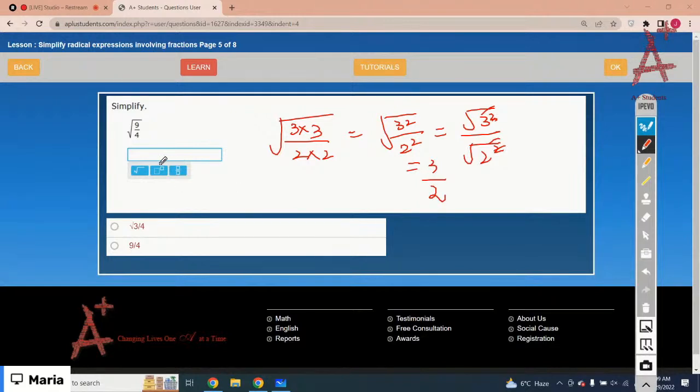Got it? But you are not given the correct option. 3 times 3 is 9, and 2 we don't have. You are not given 3 by 2. Got it? You are not given the correct option. So you can select any.